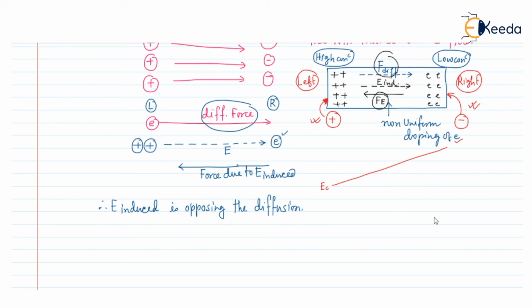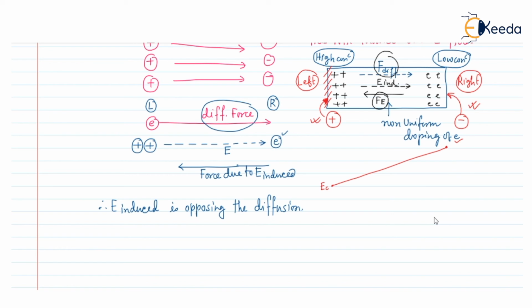If it is negative polarity, then the electrons will have more energy. That's why the EC is in the upper position on that side, and on the other side it is a positive polarity. So the electrons in this region, the left region, will have low energy. That's why the EC is in the downward direction.